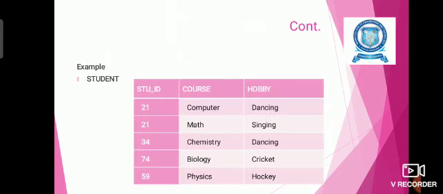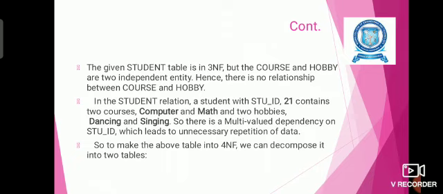There is no relationship between course and hobby, but the one particular student with ID number 21 contains two different courses and two different hobbies. So there is a multivalued dependency on student ID, which leads to unnecessary repetition of data. So this table is not satisfying the 4NF form.